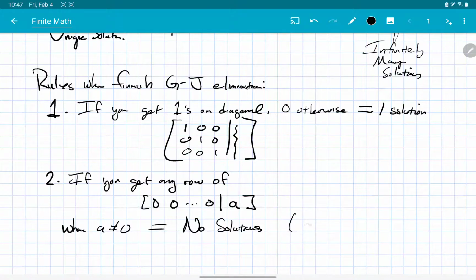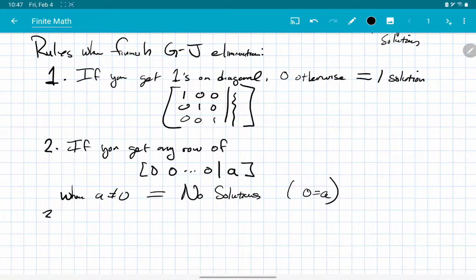Because that row means 0 equals A, and 0 equals A is not true if A is not 0. So you have an equation which is an impossibility in your system of equations, and so that means there can be no solutions. Okay. And it doesn't have to be the bottom row, it can be some other row. If you get any row that has all zeros and then a non-zero thing to the right of the bar in the augmented matrix, then you have no solutions.